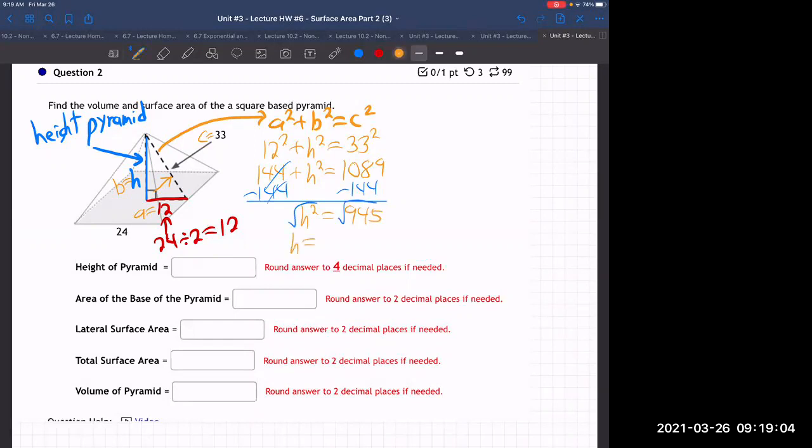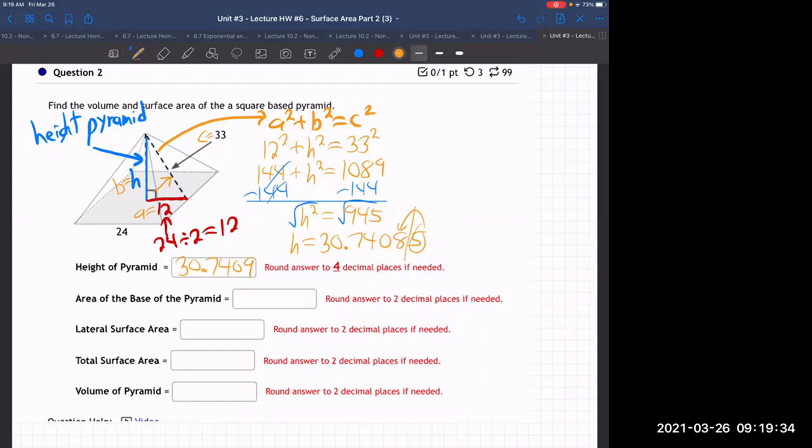And so that height is 30 point, they want 4 decimal places, 74085. So we're going to cut it right there. It's a 5, so that means round that up. So I get 30.7409, rounded to 4 decimal places. Good deal. We got the height of the pyramid.